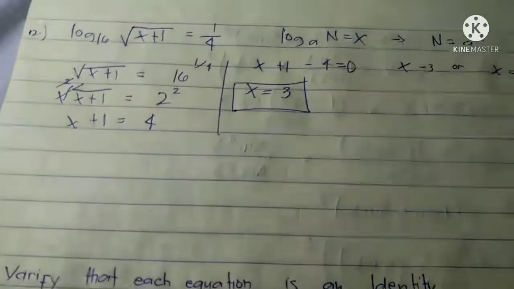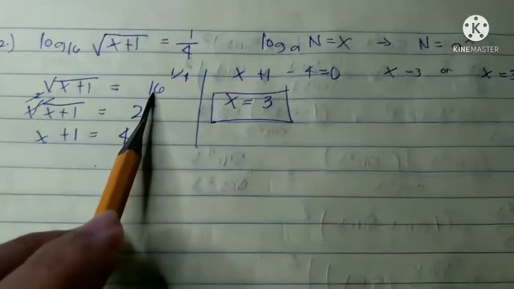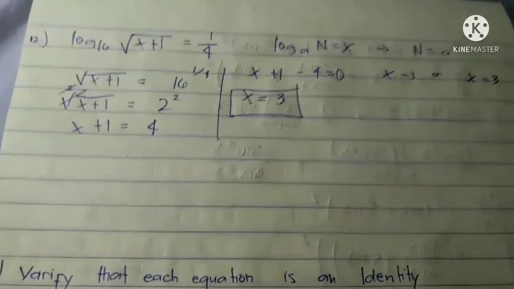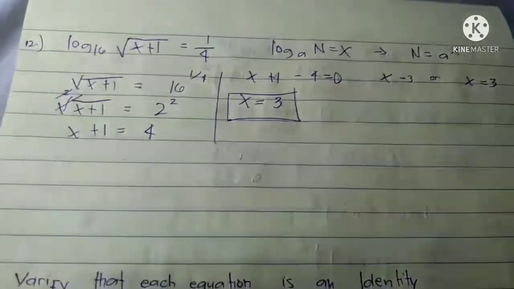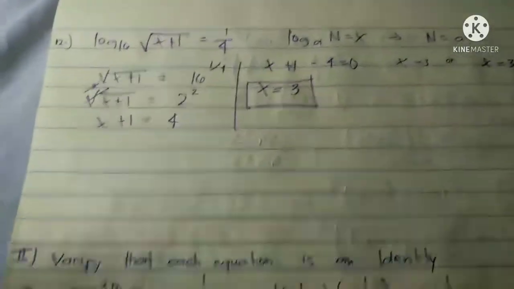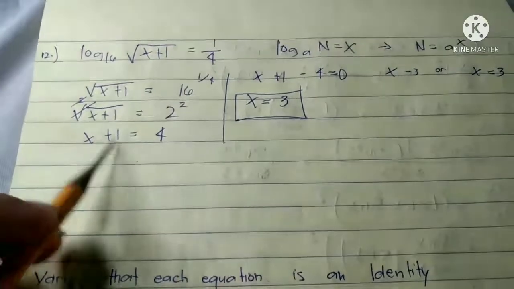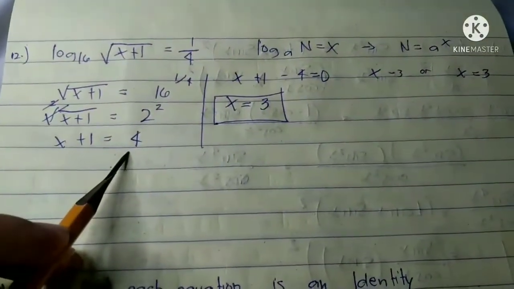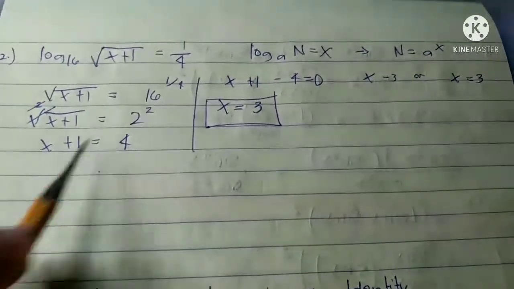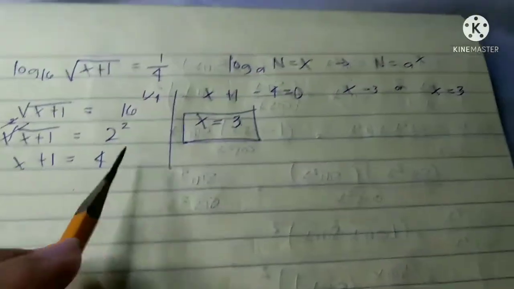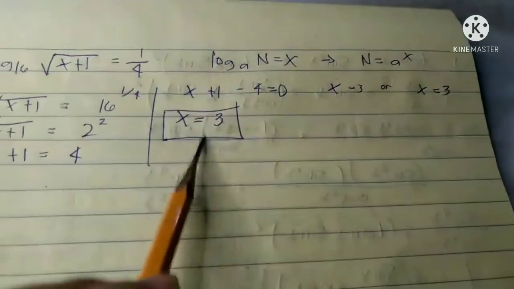Then we simplify 16 raised to 1/4 and we will get 2. Then we square both sides to cancel out the square root. Now we have here x plus 1 equals 4. So if we transpose 1 to the other side, we will get x equals 3.